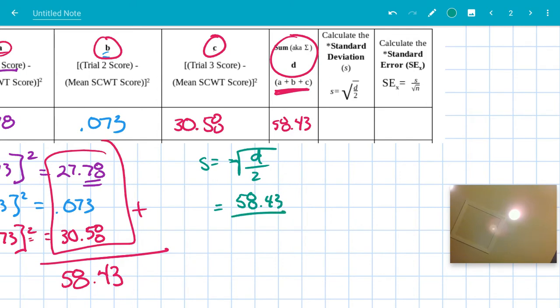And then it's over 2, and we take the square root of all of that. And so for an answer, I get the standard deviation was 5.41. So I'm going to write 5.41. Now to get the standard error of the mean, SE sub x.